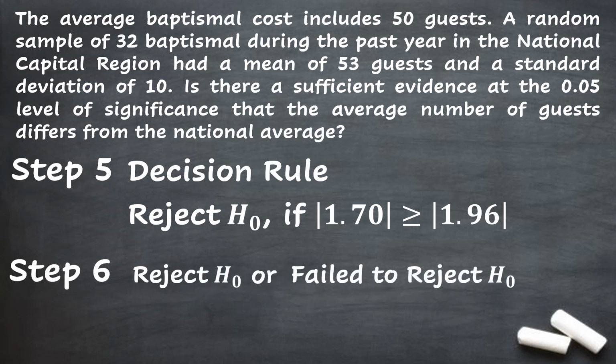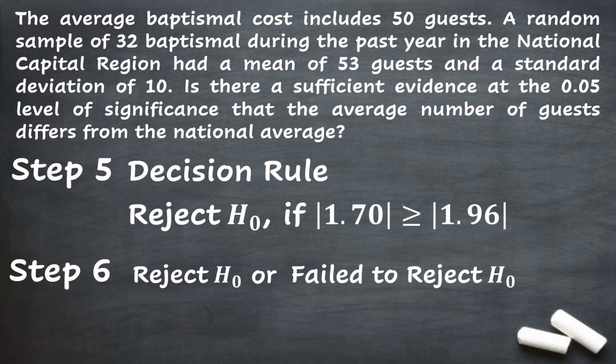Next, step 6, we have to identify if we have to reject or fail to reject the null hypothesis. Going back to step 5, we have to check if the given inequality is satisfied or not, or let's just say if the given inequality is true or false.